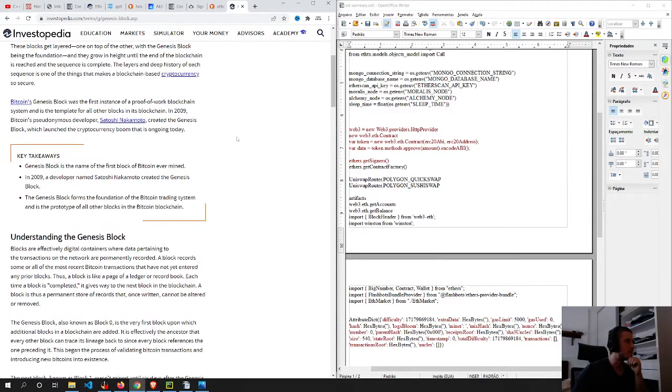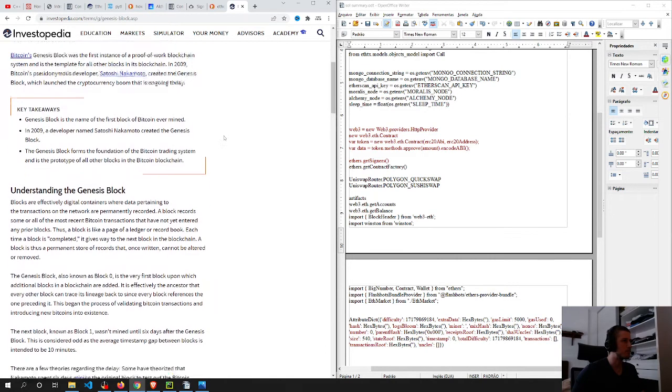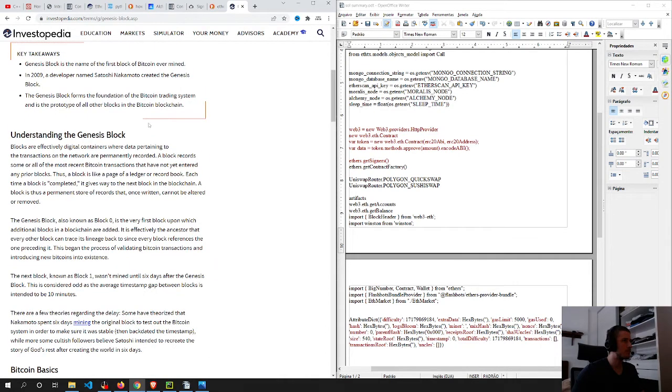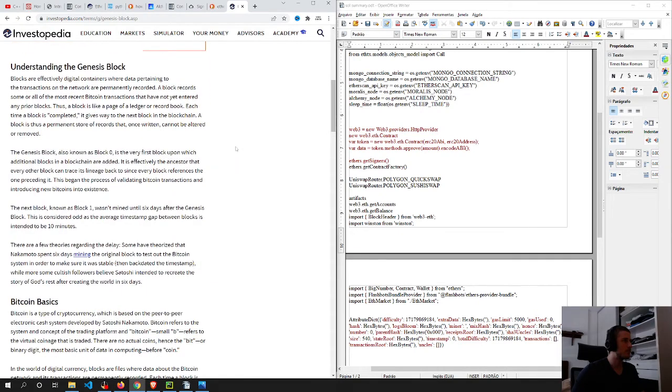The layers and deep history of each sequence is one of the things that makes a blockchain-based cryptocurrency so secure. Bitcoin's Genesis block was the first instance of a proof-of-work blockchain system and is the template for all other blocks in its blockchain. Blocks are effectively digital containers where data pertaining to the transactions on the network are permanently recorded.